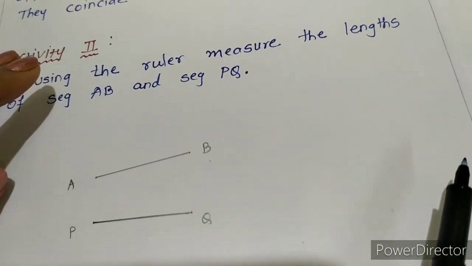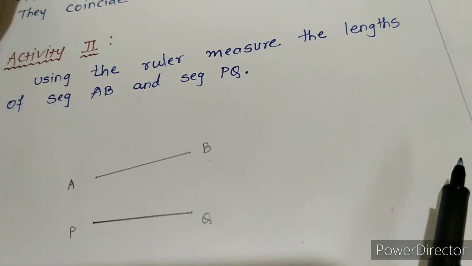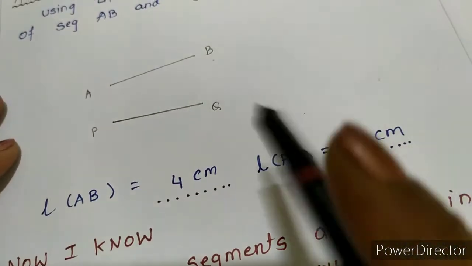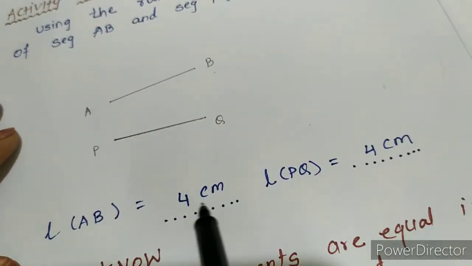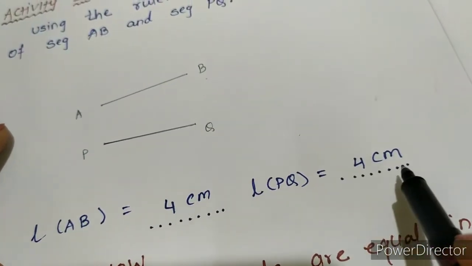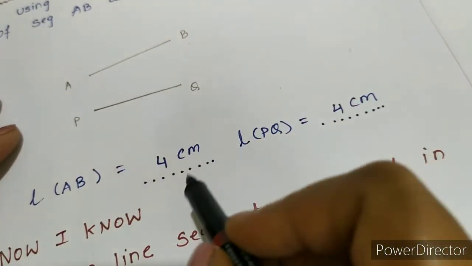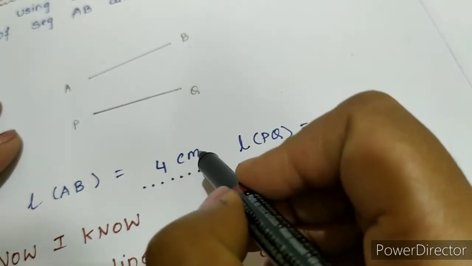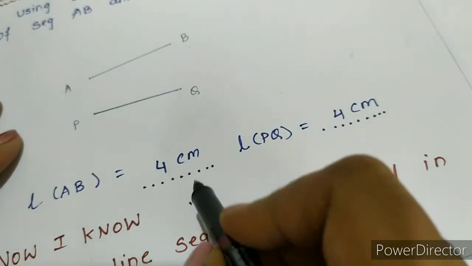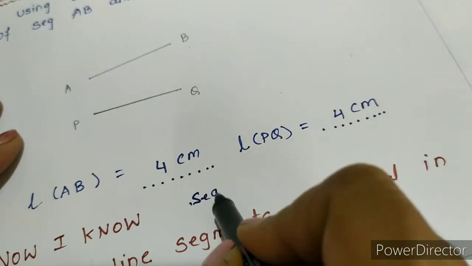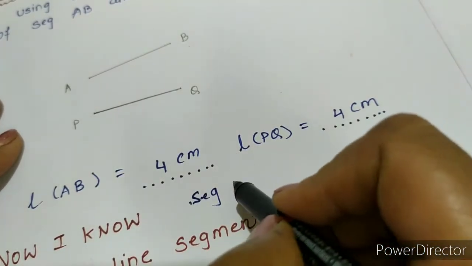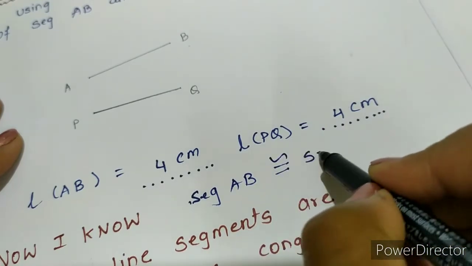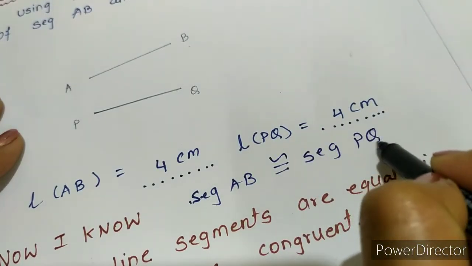If segment AB is 4 cm and segment PQ is 4 cm, and both are congruent, they are written as segment AB congruent to segment PQ.